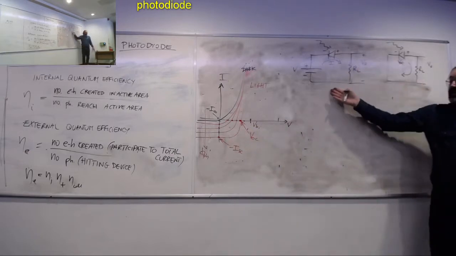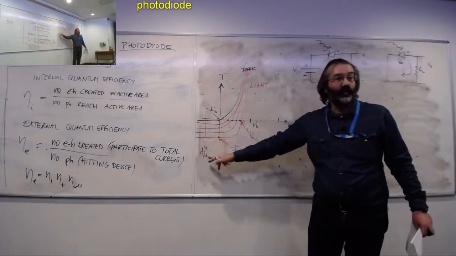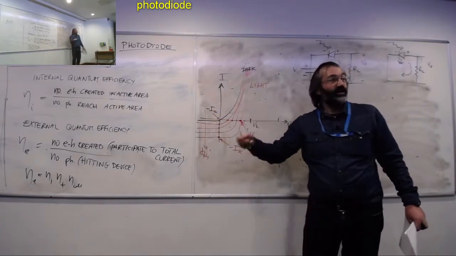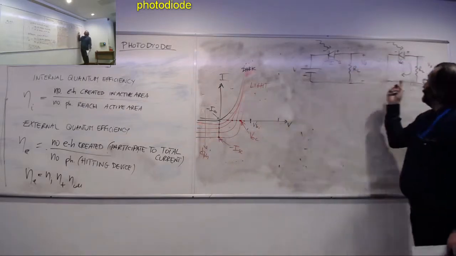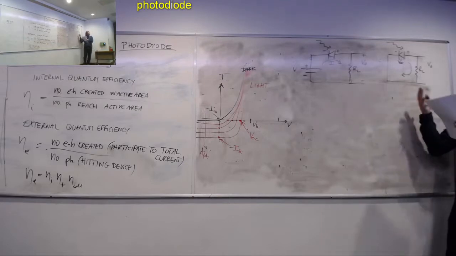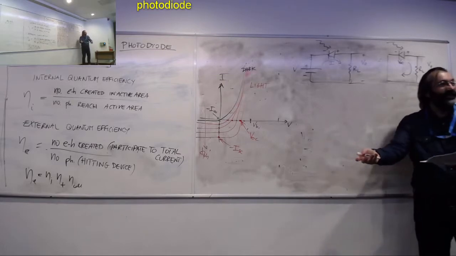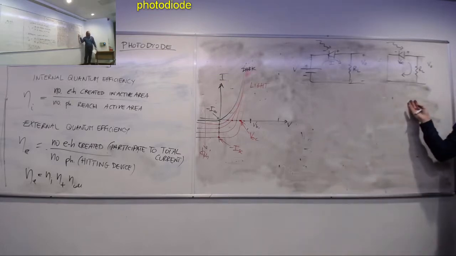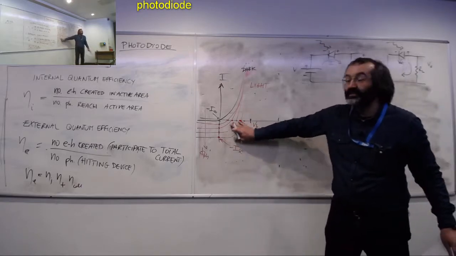This is nice because, as I said, there is a one-to-one relation to the amount of photons hitting the device. This is nice because there is no generator. Actually, that's why it's called photovoltaic mode, because we want to use it to generate electricity. Okay, and we will be working in this side of the plot.